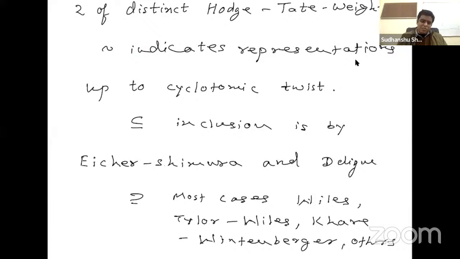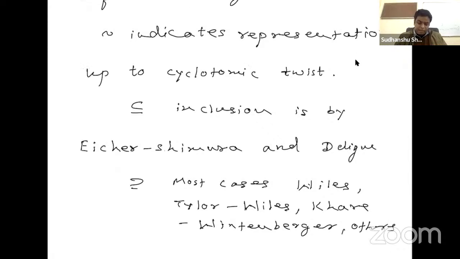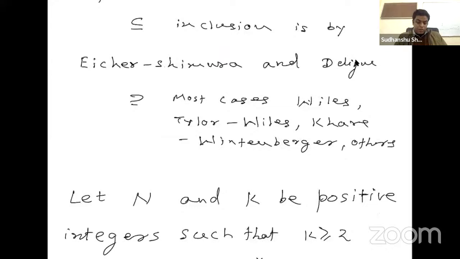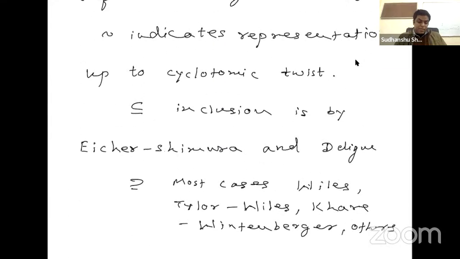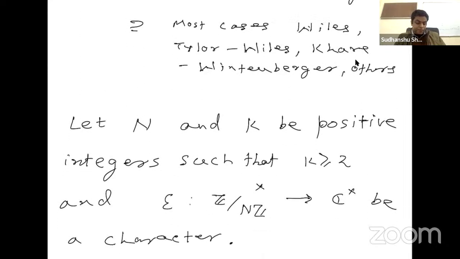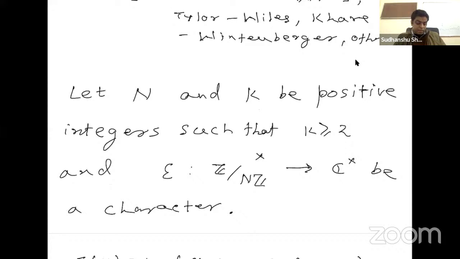The converse direction is part of the proof of the modularity conjecture, due to several people, starting with Wiles and Taylor–Wiles, and then Berger and others. We are interested in this side, the construction of Galois representations by Deligne, and that's what we're going to describe in this lecture.